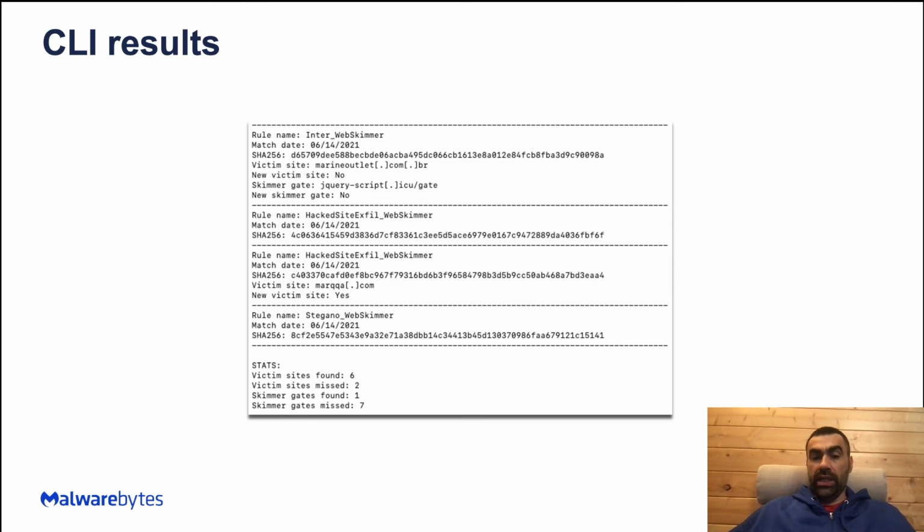So we'll try to do that as much as possible, and it also outputs what it found and what it missed, which may help you to refine your code. And for example, if it missed victim sites, you're going to look at these files and think, okay, are these legit HTML files? Could I find the name of the site in them? And then you can refine your rules a little bit.